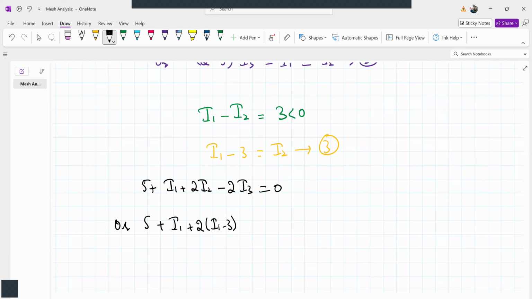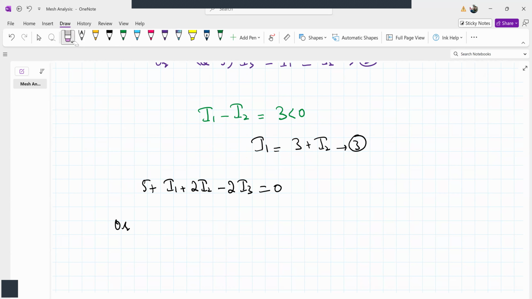Which one will we eliminate first? I think we'll write this in terms of I2. That will make our job easy. So I1 will be simply equal to 3 plus I2. This is our equation 3. Now substituting the value of I1 from equation 3 into equation 1.